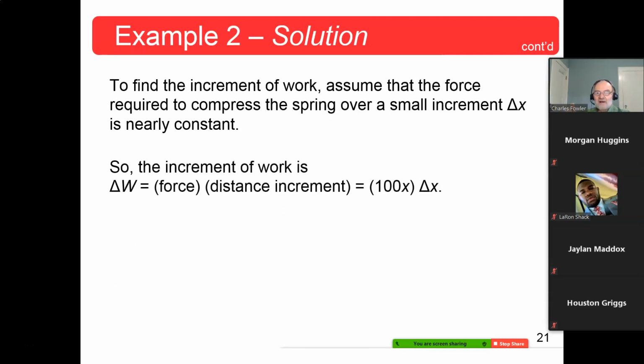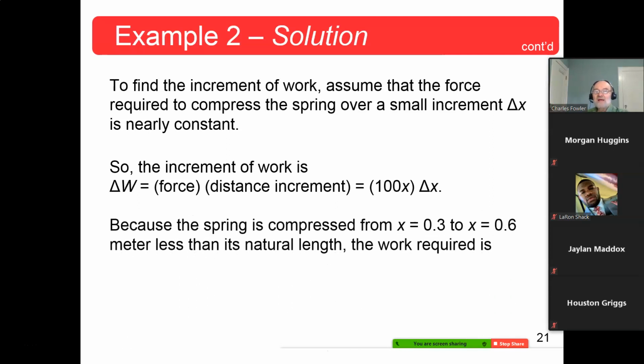So the increment of work on the very small part would be the force times the distance increment, that's 100x dx, or delta x. And because the spring is compressed from 0.3 to 0.6 less than the natural length, the work required is this, exactly what we did.